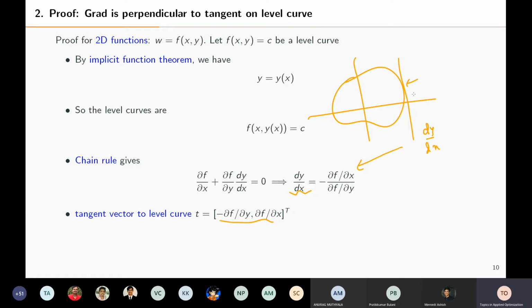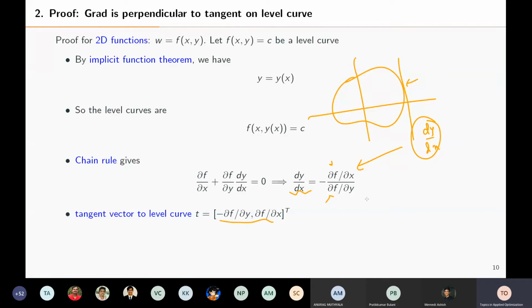And if you want to write this as a vector, if someone tells me the slope of a line, then I can make a vector out of that. In terms of vector, you just take the numerator and then the denominator.